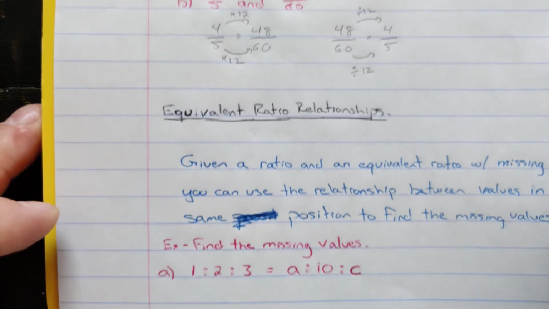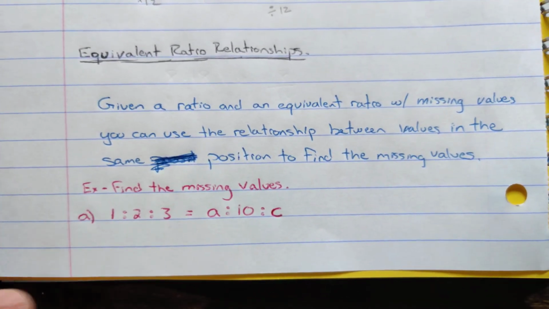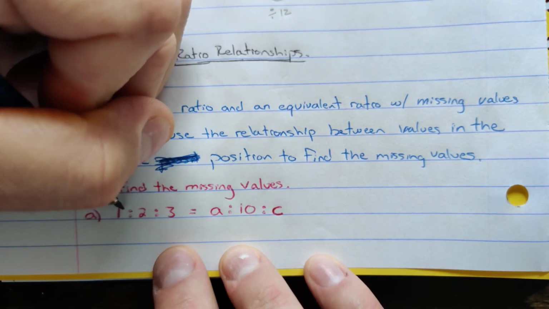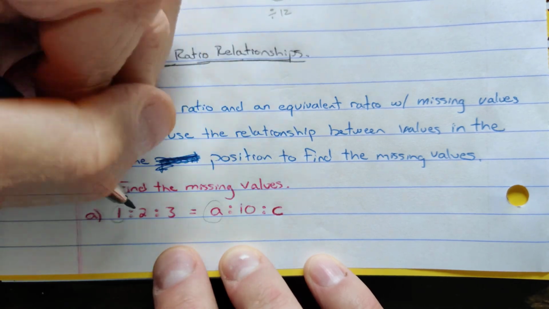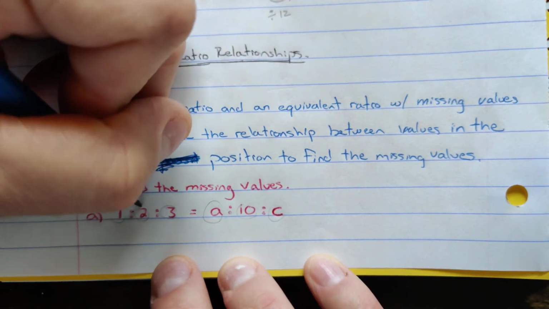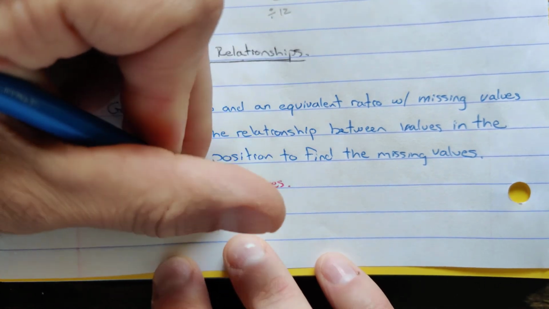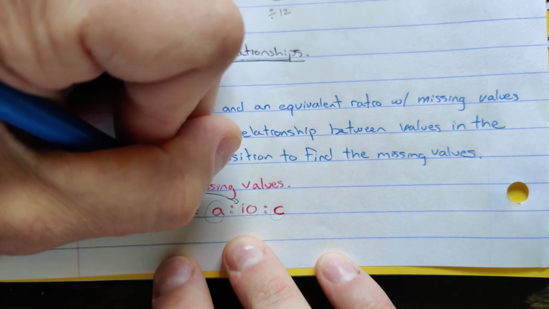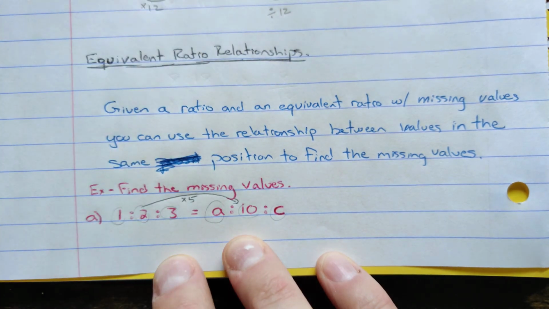And then the last bit here, we can use this concept of equivalent ratios to find a missing value between them and find the relationship. So here, if we look at the 1 and the A matchup, the 2 and the 10 matchup, and the 3 and the C matchup, 2 to 10 requires us to multiply by 5.